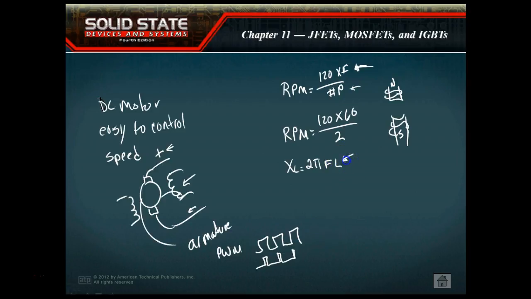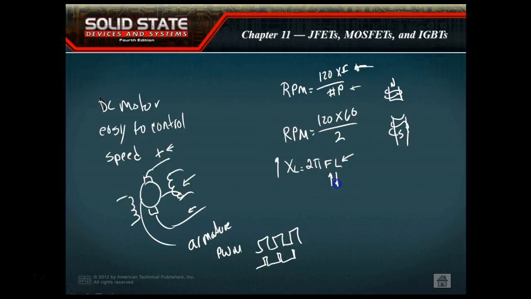The windings of the motor have a certain inductance. If the frequency goes up, resistance goes up, current flow goes down. If current flow goes down, now the motor doesn't produce enough torque, and it stalls, and then it burns up if you don't protect it.